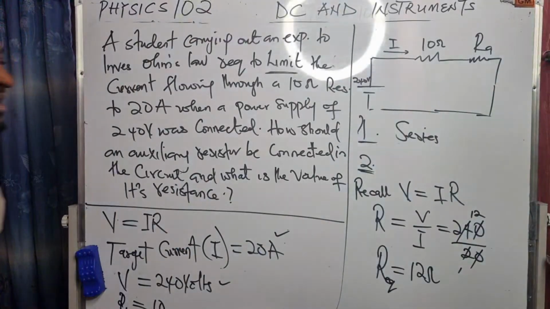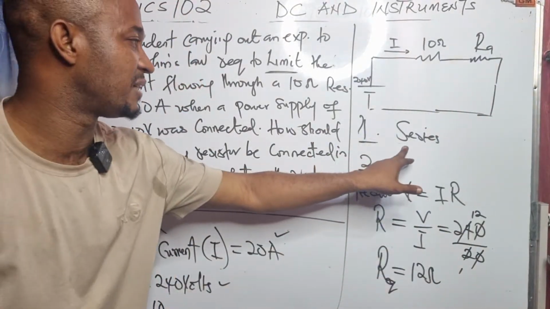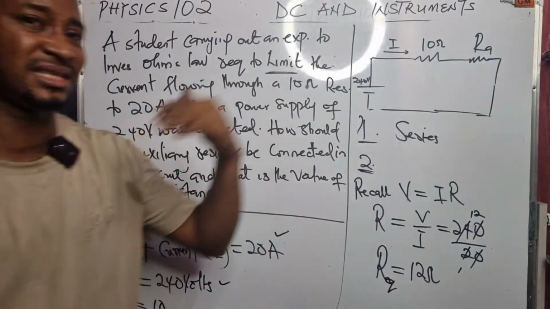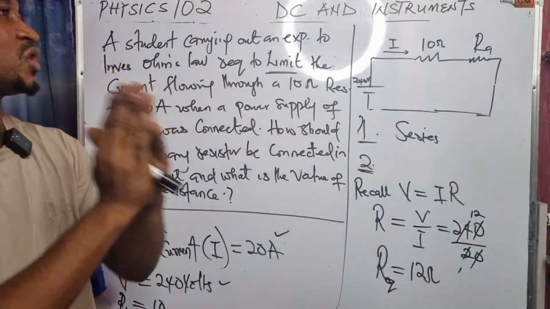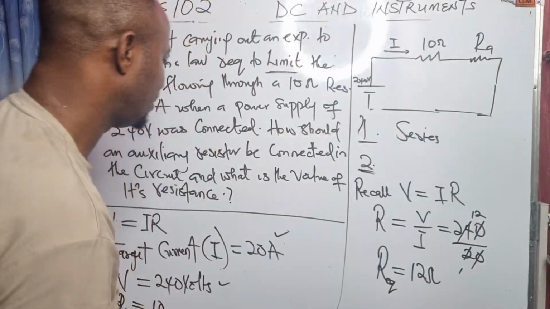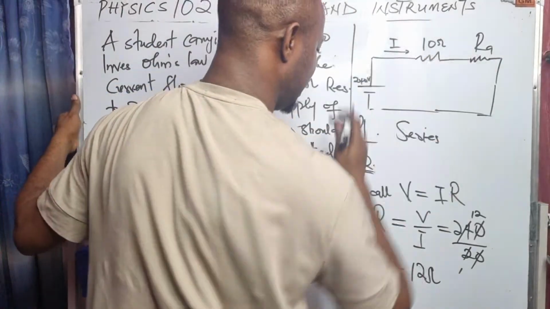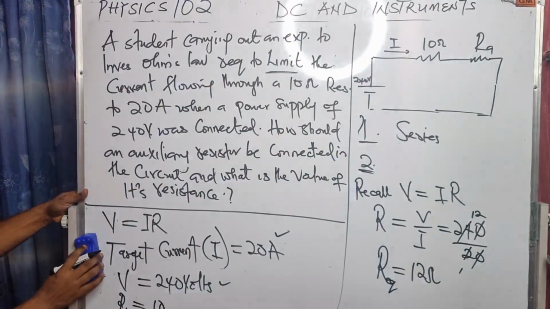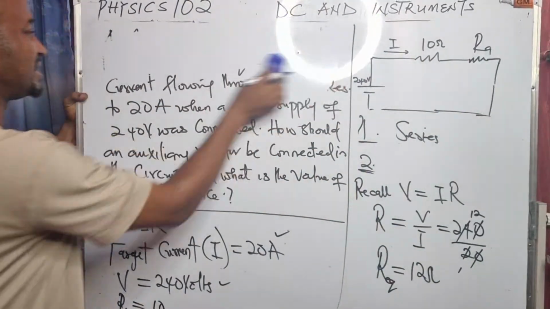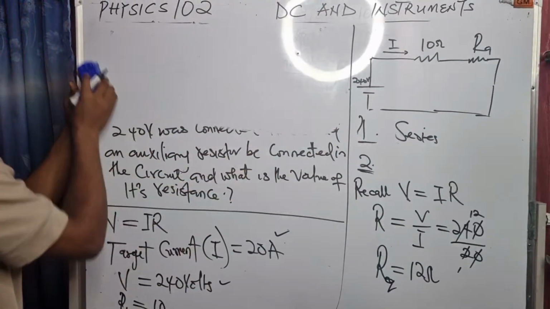So the resistance tends to increase, and we have seen that whenever resistance increases, the two resistors must be connected in series. So to get our auxiliary resistor, what do we do?